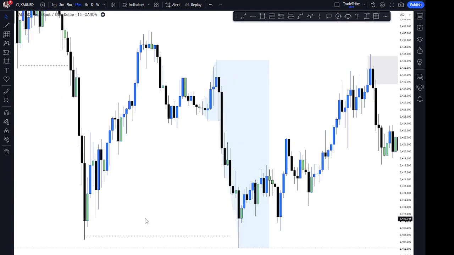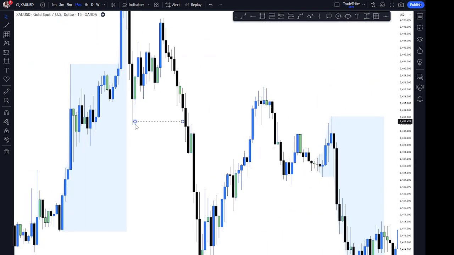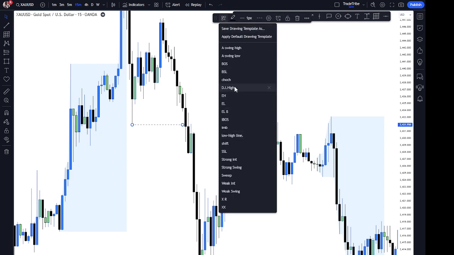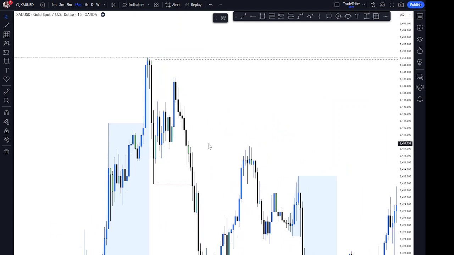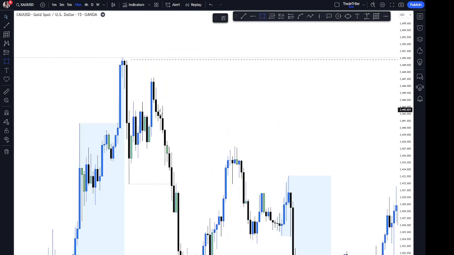Let me zoom it so we can see. So we had this low here which acted as a market shift point, choch. It left us with what zone? Which zone?